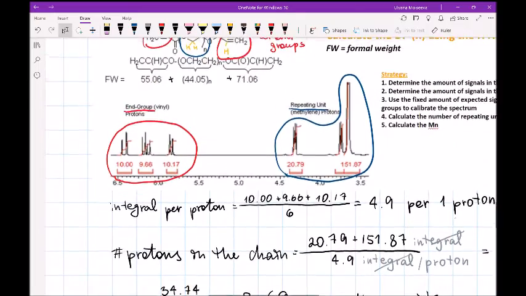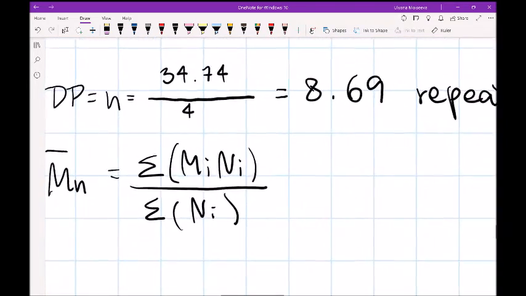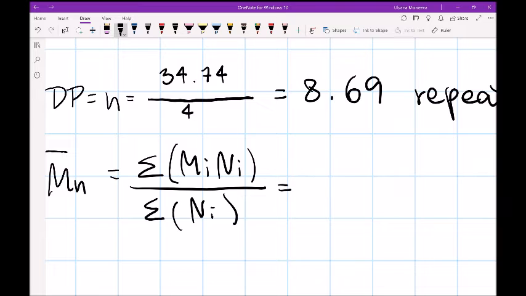Awesome! Our last task is to calculate the Mn, which is the number average molecular weight. If you remember, we have this formula to calculate the Mn, where Mi is our molecular weight and N is the number of strands.